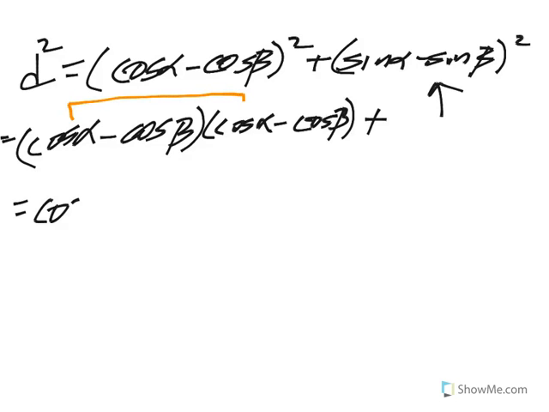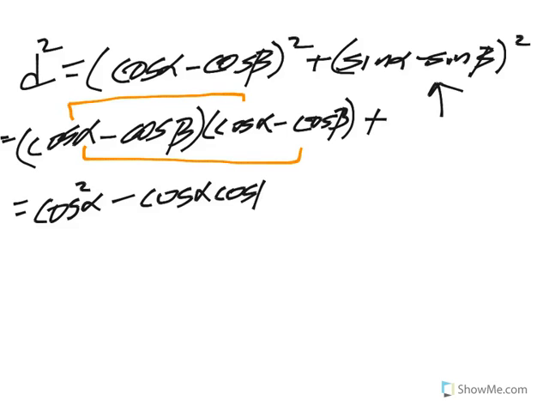That's cosine squared alpha. And then I've got cosine alpha times cosine beta, but it's negative. So I've got negative cosine alpha cosine beta. That was my outside terms.